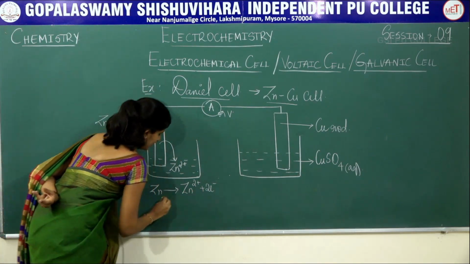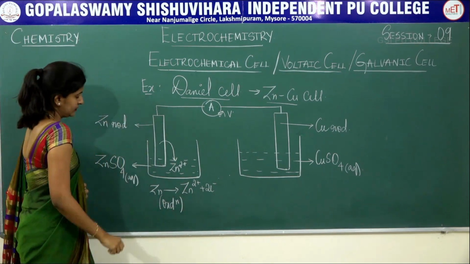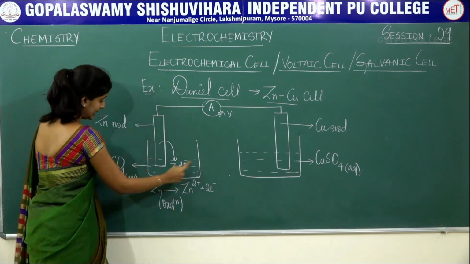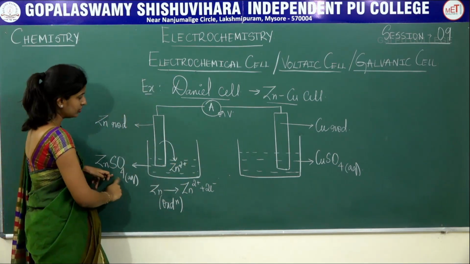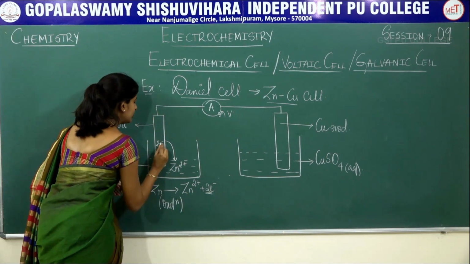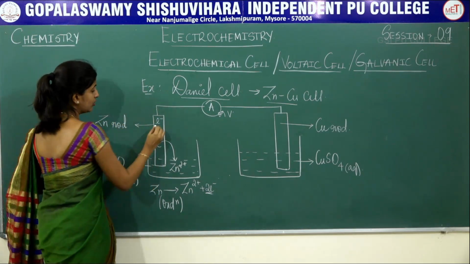That is, oxidation will be happening. Since the zinc ions enter the aqueous medium, that is the zinc sulfate electrolytic solution, the two electrons will be moving through the outward circuit.